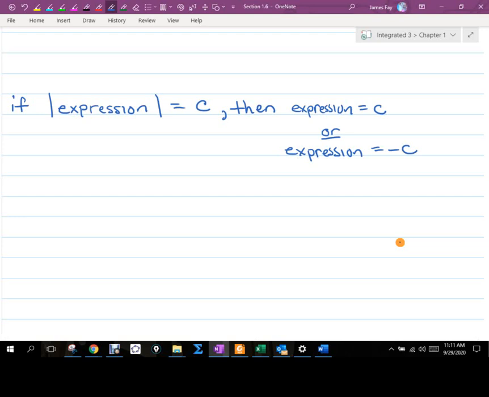But that's an if-then statement. Okay. So in geometry, you should have learned this.